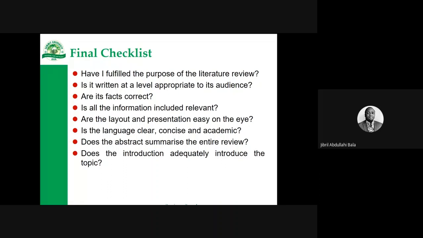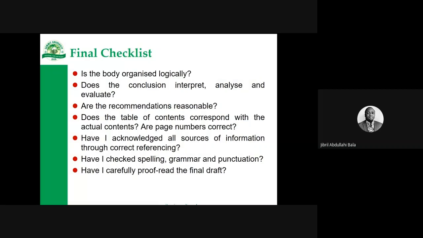The abstract must summarize the entire review, of course, and the introduction must adequately introduce the topic. You need to organize the body logically, as we looked at earlier, and your conclusion needs to interpret, analyze, and evaluate any findings that were made in the literature review. Then any recommendation you are making also needs to be reasonable.